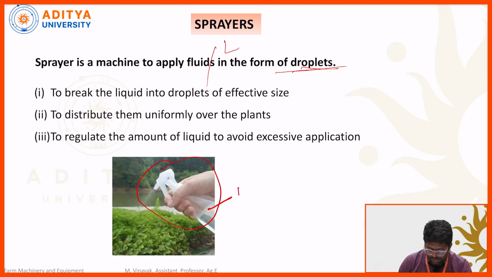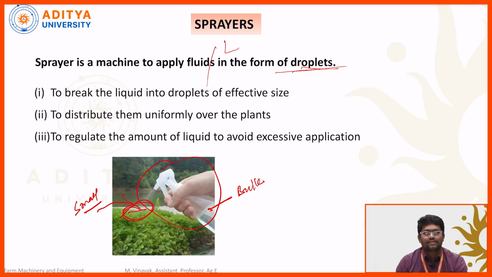Here a bulk amount of liquid is present in this bottle. Coming to the upper surface of the plant material, here we receive small-sized droplets. That is the main function of the sprayer: it converts the bulk amount of fluid into small droplets.